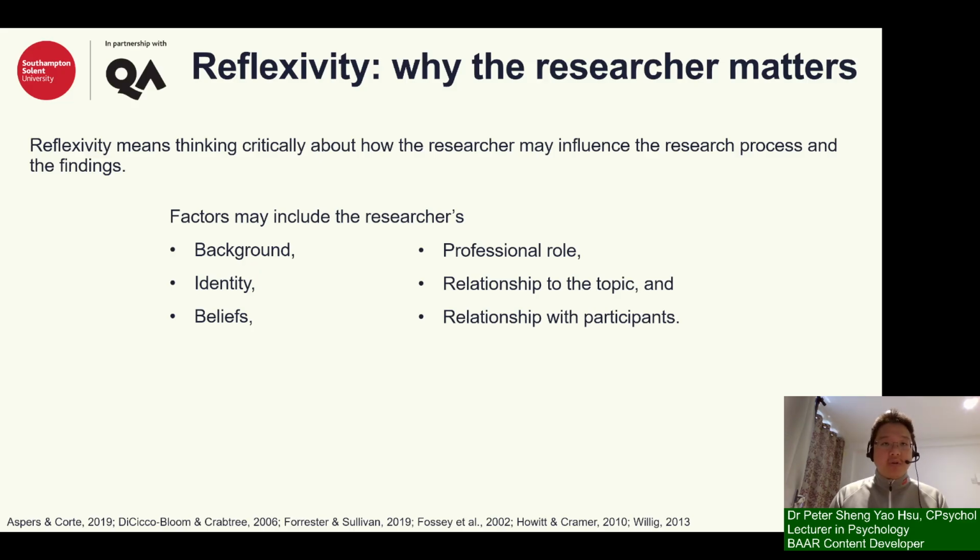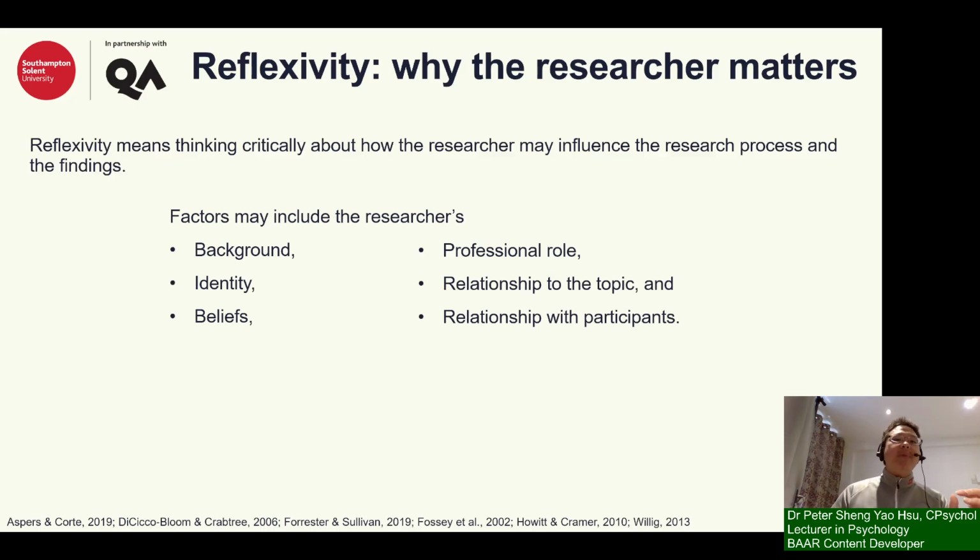The researcher decides what topic to study, who to recruit, what questions to ask, how to respond to participants, how to analyze the data, and how to present the findings. These decisions can be shaped by researchers' background, assumptions, values, and relationship to the topic.